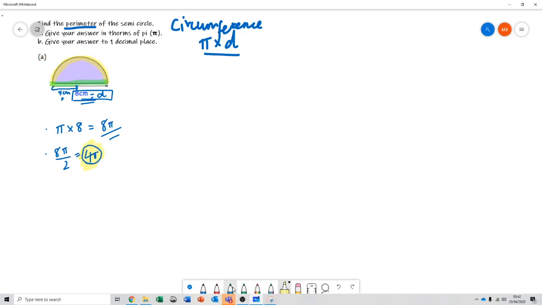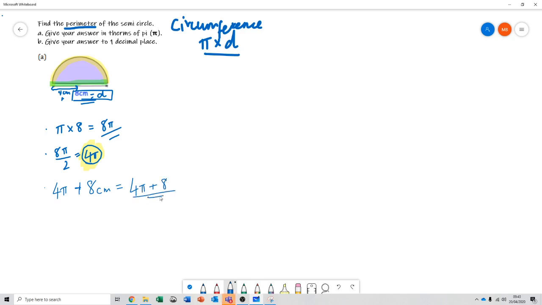And all we need to do now is add to 4 pi the 8 centimeters. So we add, and 8 centimeters is going to remain the number 8. Okay, so therefore our final answer would be 4 pi plus 8, and that's basically our answer.